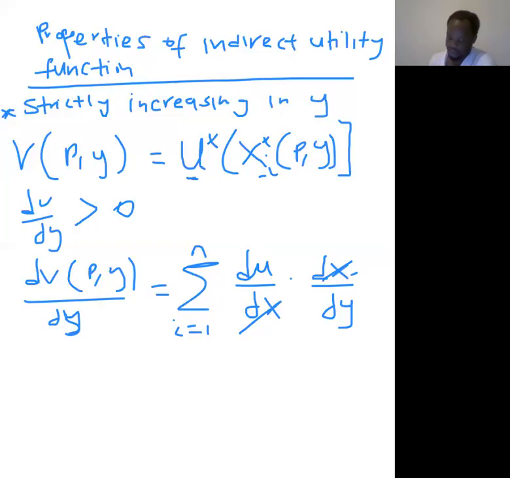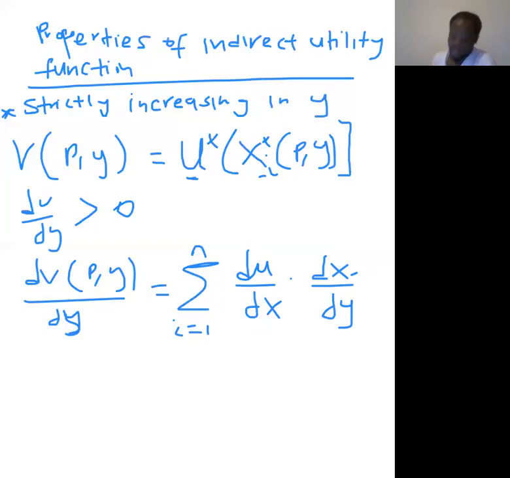Now, if you remember, in our first discussion, when we were looking for our Marshallian demand function, we set up our Lagrangian and differentiated it with respect to the xi's.